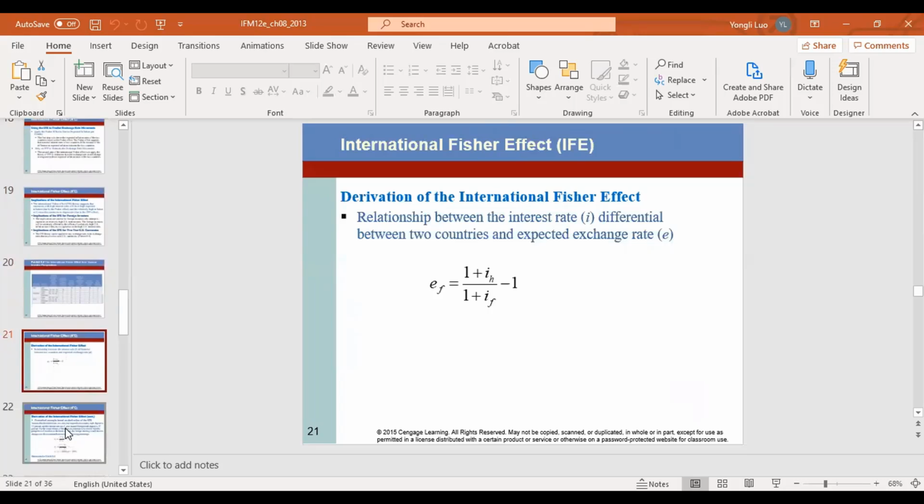The relationship between the interest rate differential between two countries and the expected exchange rate can be estimated in the following equation.